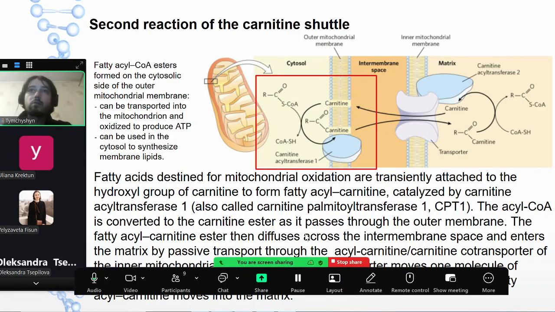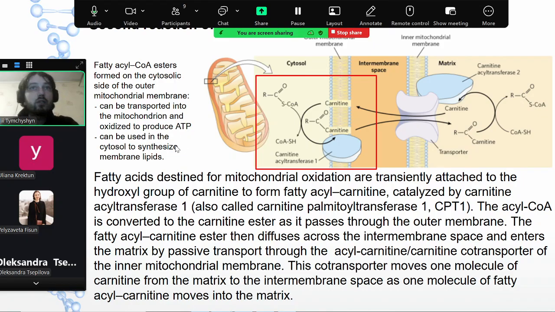Now the second reaction of this carnitine shuttle. Fatty acyl-CoA esters are formed on the cytosolic side of the outer mitochondrial membrane. They can be transported into the mitochondrion and oxidized to produce ATP, or they can be used in the cytosol to synthesize membrane lipids. So there are two fates.